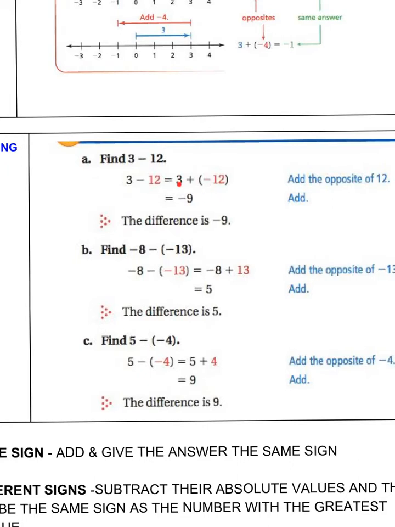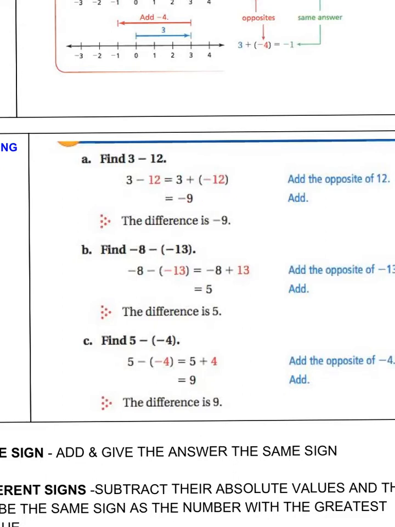If they're different signs, which you can see this is a positive 3 and this is a negative 12, we go with whatever sign has the bigger absolute value. Because negative 12 has a bigger absolute value, your answer is going to be negative. And then 12 minus 3 is 9. So negative 9.